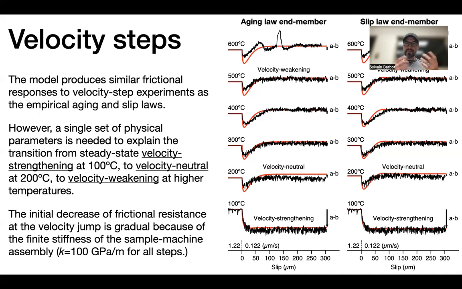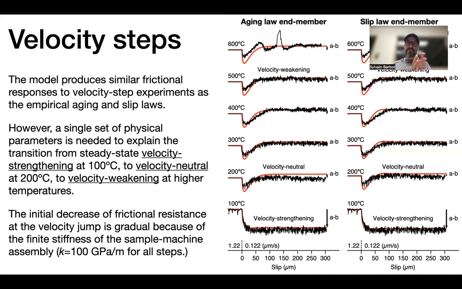What the physical model does is that it can consistently explain all of these steps with the same constitutive parameters. So we are reaching a point where a physical model can explain more data at constant parameters than empirical ones.